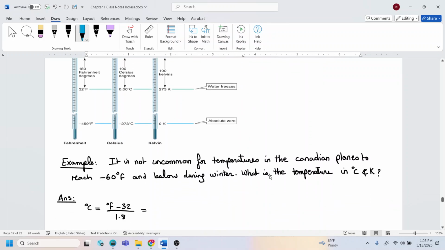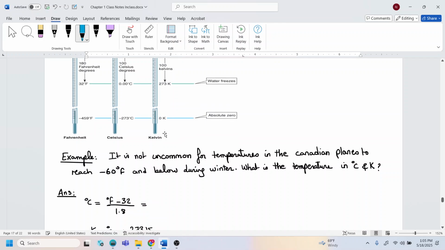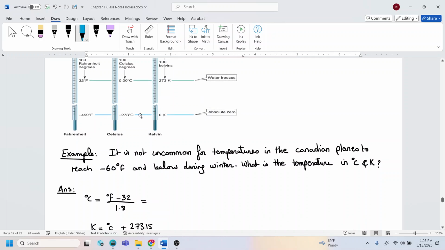Let's have an example. Absolute zero is the temperature beyond which nothing is moving. So no molecule, no atom is moving in here. This is the smallest temperature, and it's actually non-reachable. At this temperature, every living organism and every atom and molecule is going to freeze.